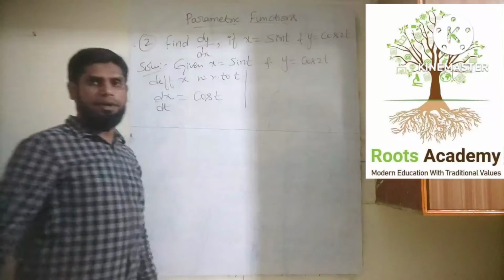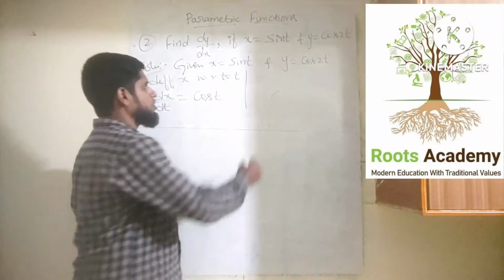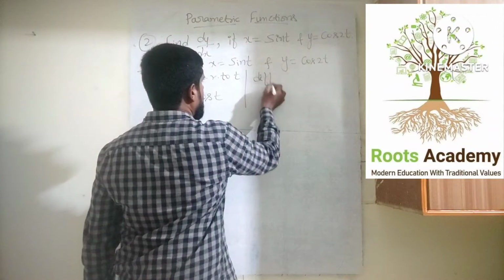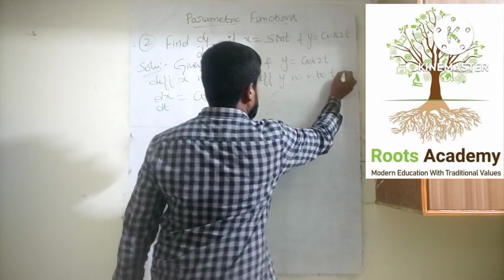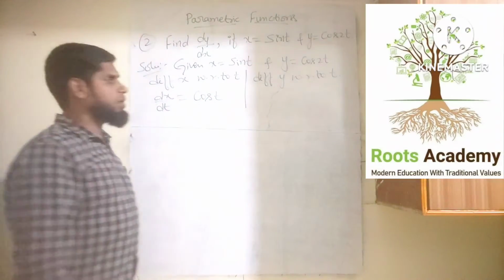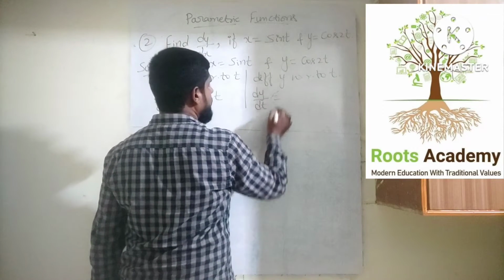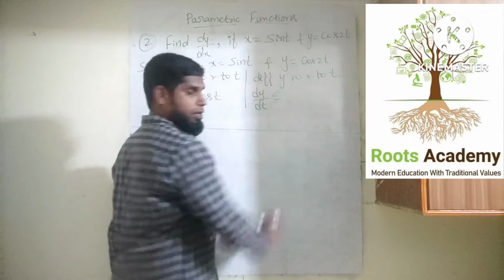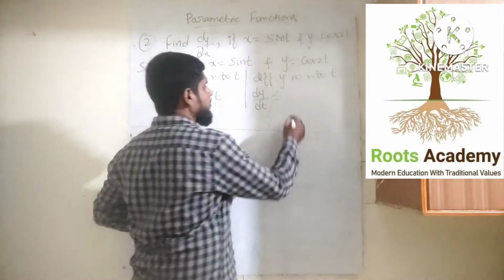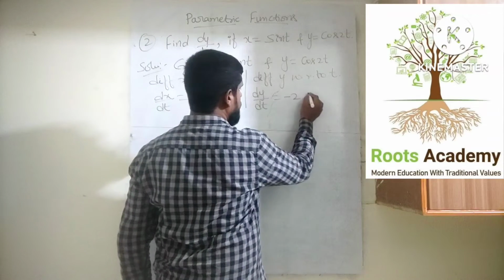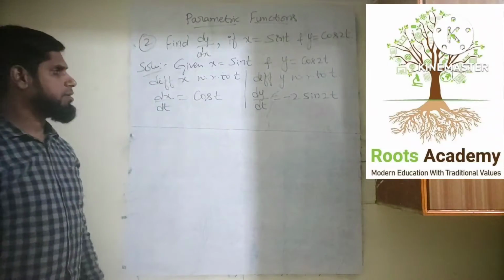Next, on the other side, we have y is equal to cos 2t. So we should write, differentiate y with respect to t. So what do I get? Dy by dt is equal to, here it is a multiple angle, cos 2t. The derivative of cos 2t is minus 2 sin 2t.